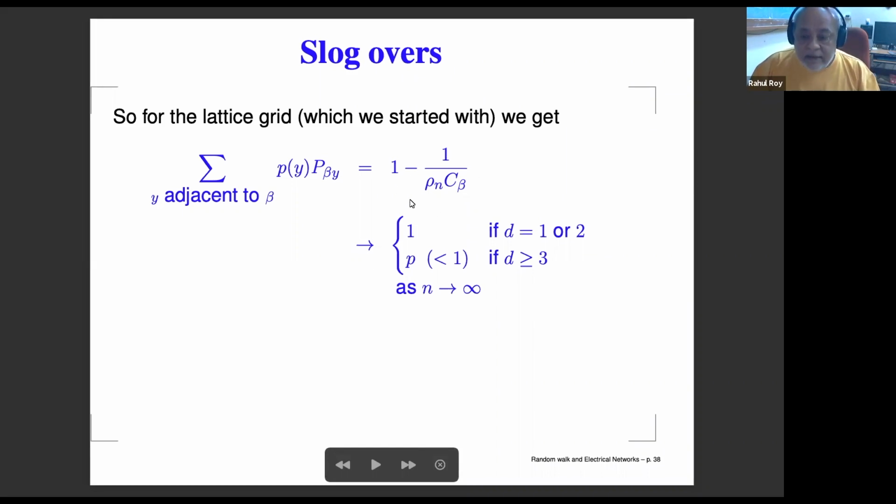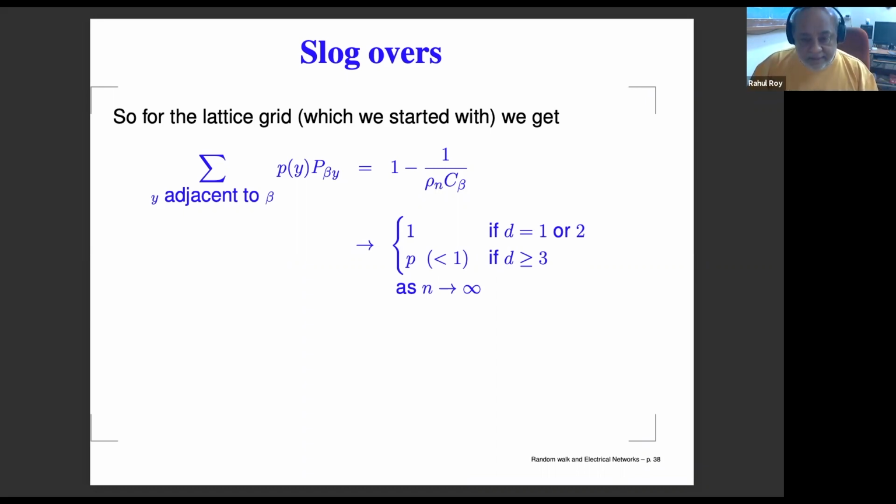And you can see that this goes to 1 if d equals 1 or 2, because then rho n is infinity, as we saw earlier. And it equals p, some quantity which is less than 1, if d is bigger than or equal to 3, because rho n is less than infinity. What we got was rho n less than or equal to r, where r was the size of each of the resistors.